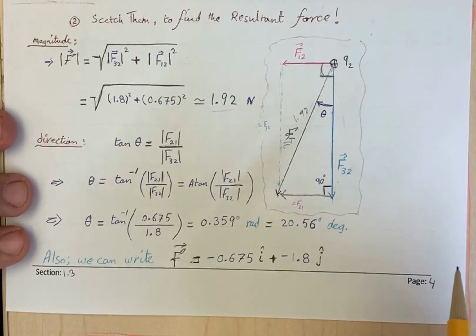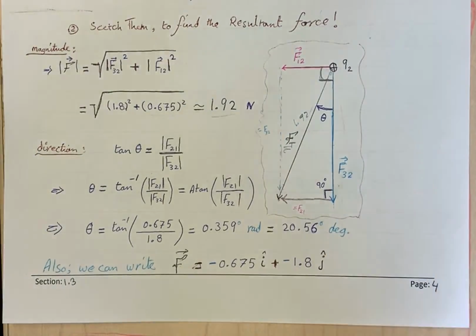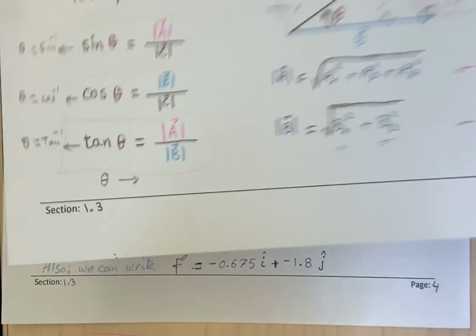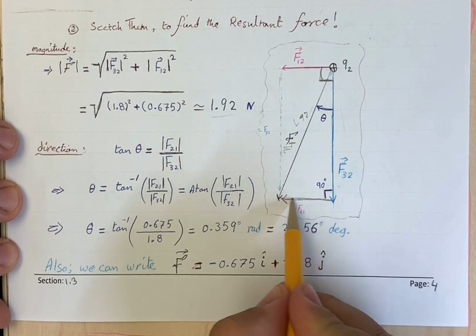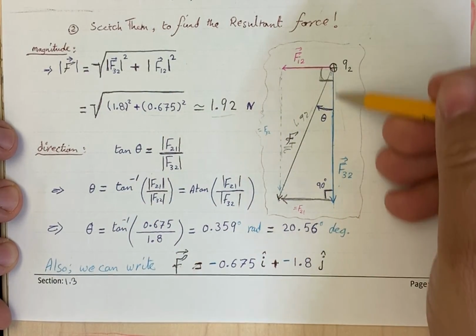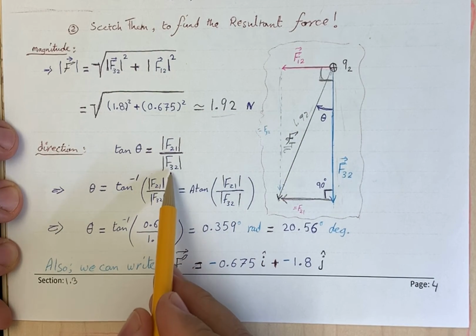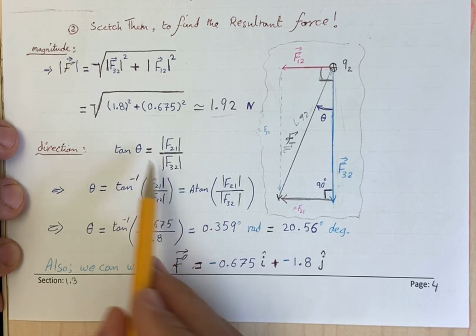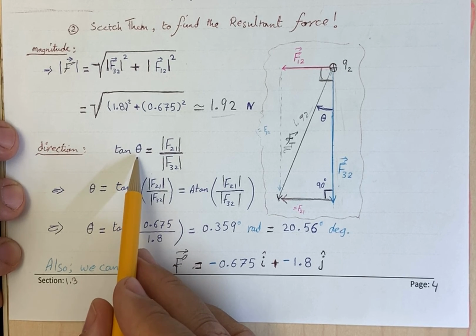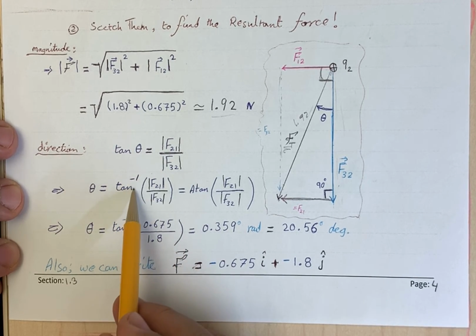What's the direction? I can use the identities sine, cosine, or tan. I will use tan. Now tan theta is this side divided by this side, which is F21 over F32. I'm talking about the lengths. I don't need tan theta, actually I need theta. Okay, it's tan inverse.